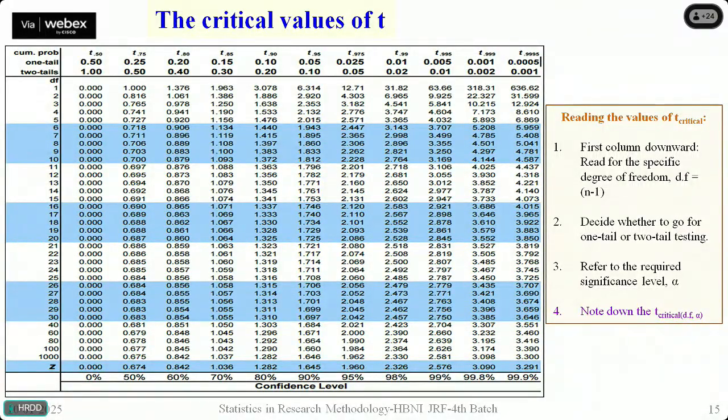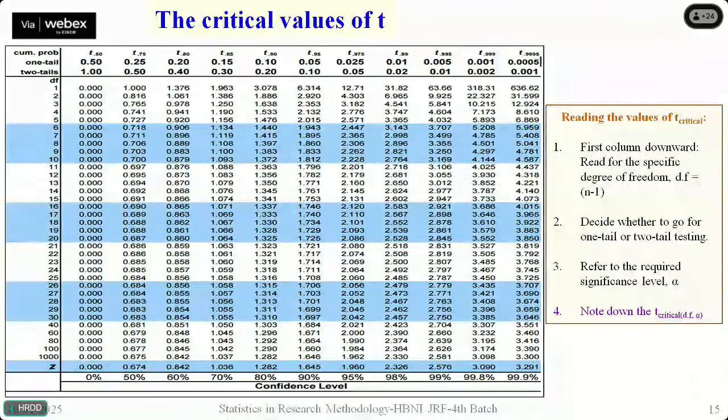If you are comfortable reading through, the confidence level values are written on the last row. As we have seen in the Z table also, there are different types of representation. In the T table also, there are different types of representation.